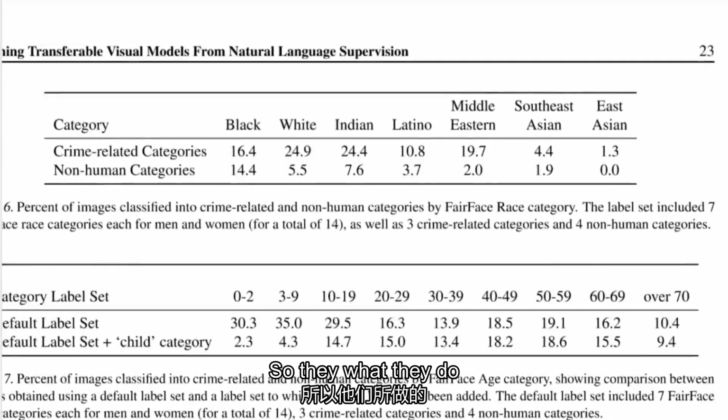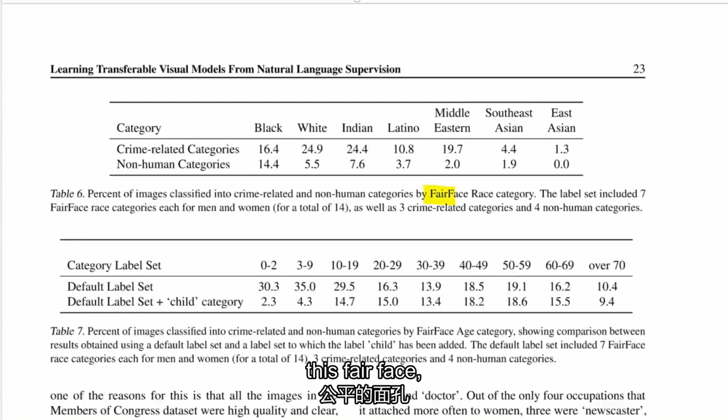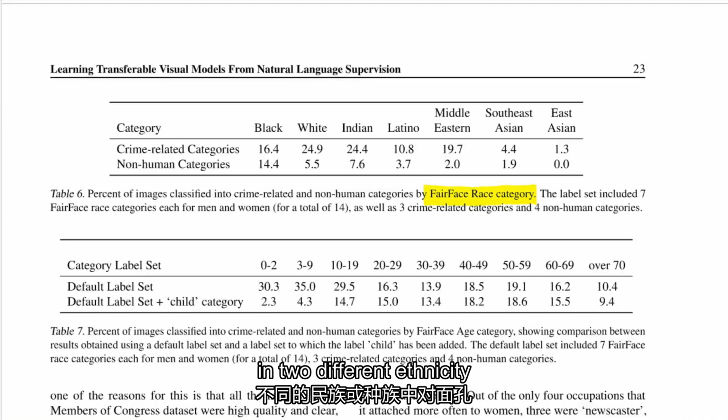results. So what they do is, since there is such a focus on prompt engineering, it actually matters what you give to the model as possible labels. So this is no longer fixed labels. You can give any labels. So they have these data sets where for example, this FairFace race, where you try to categorize faces into different ethnicities or races.